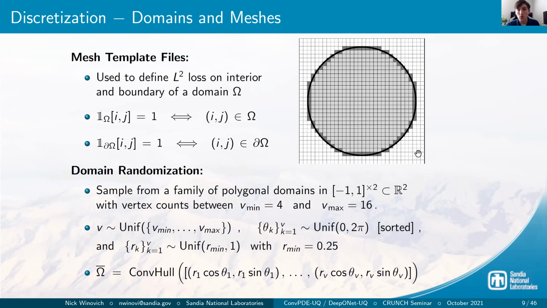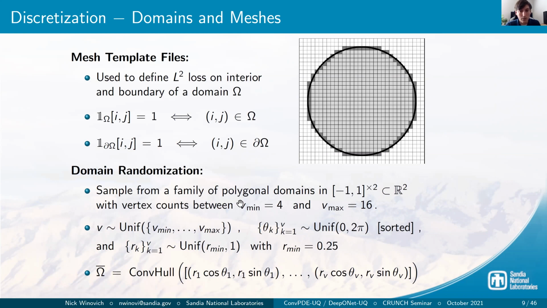Basically, we don't want the loss to penalize the neural network outside of the domain. So we store this in an array format based off of the finite element meshes that we randomize, so that we're not getting penalized for irrelevant predictions.